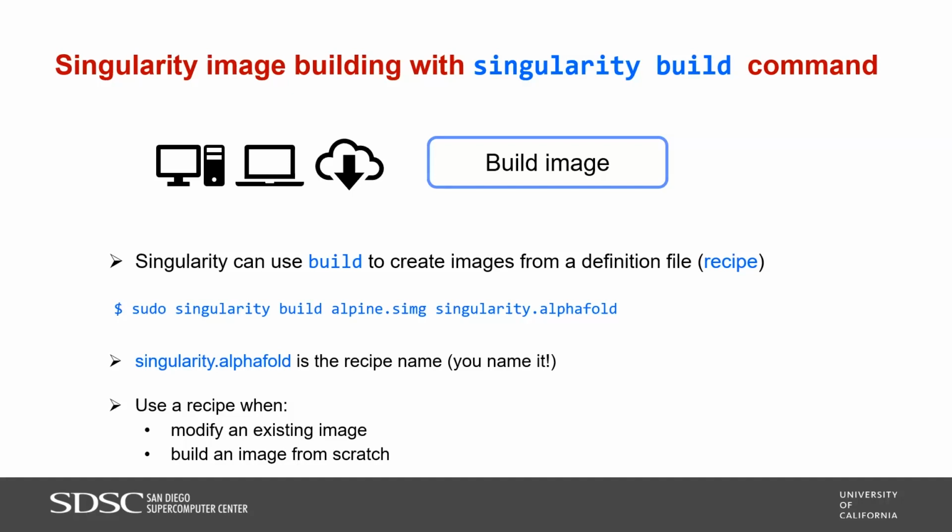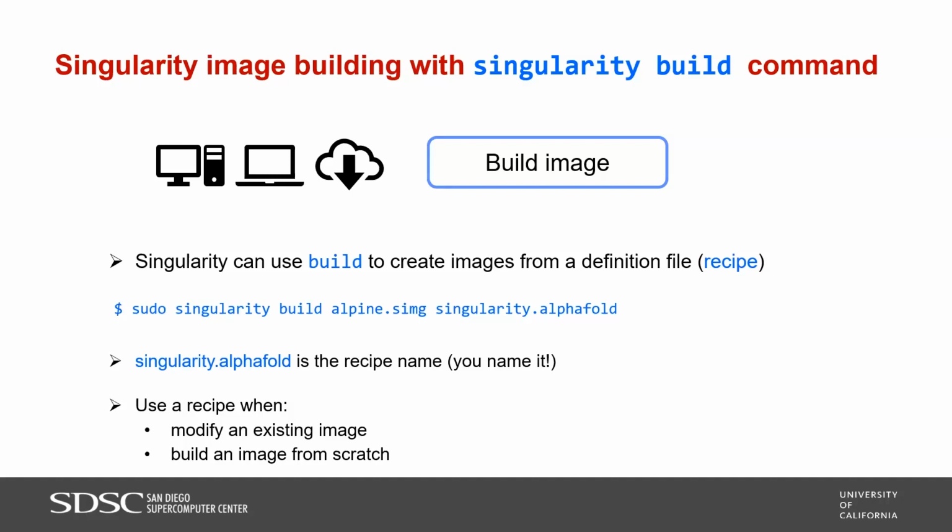Here in this example, I build a Singularity image called alphafold.simg from a file called singularity.alphafold. So singularity.alphafold is the recipe name, but you can name it anything you want.